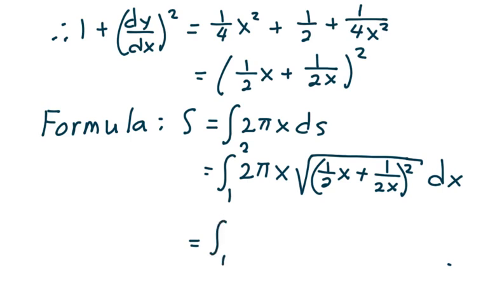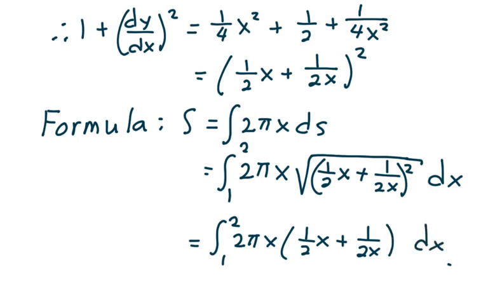So this is the integral from 1 to 2 of 2 pi x times (1/2 x plus 1/(2x)) dx. So when you take the square root of something squared, you get what's inside those parentheses, which in this case is 1/2 x plus 1/(2x). Distribute the x in.